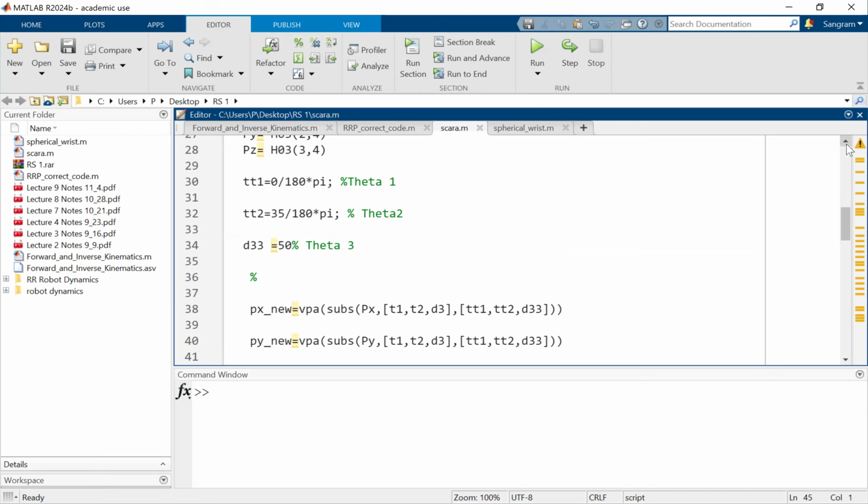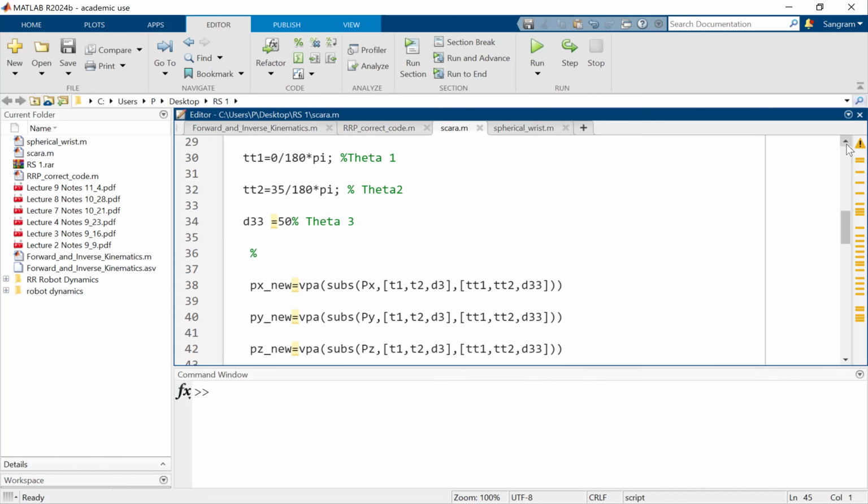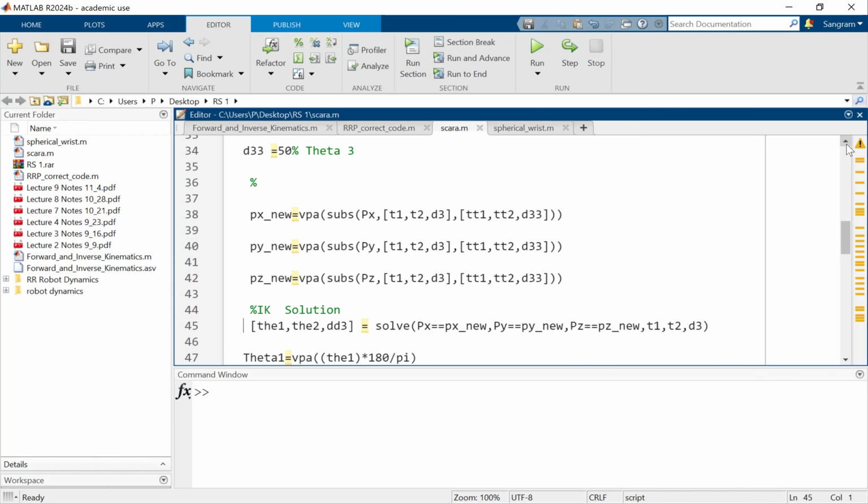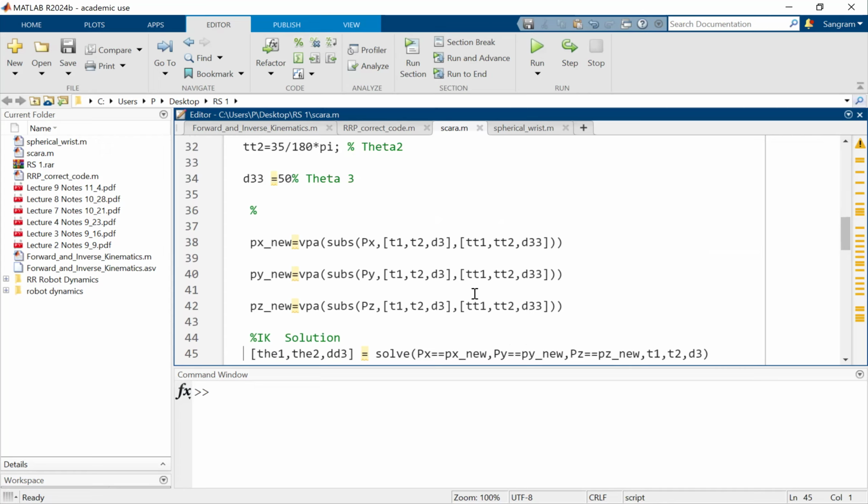Now, PY new is subs of PY with T1, T2, D3. And last but not least, you are using PZ and you are substituting these numbers. Everyone understood this?